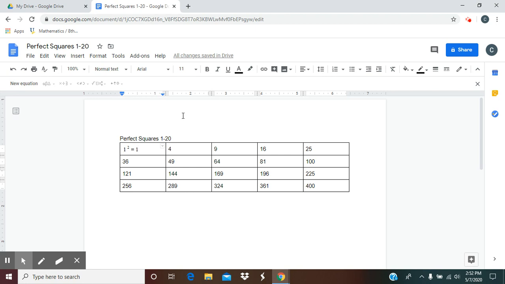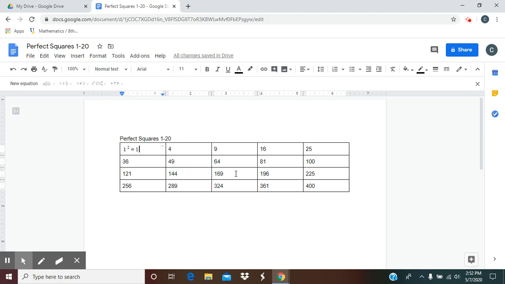All right, so our perfect squares 1 through 20 are 1, 4, 9, 16, 25, 36, 49, 64, 81, 100, 121, 144. So that's the end of the ones that you're probably already familiar with.